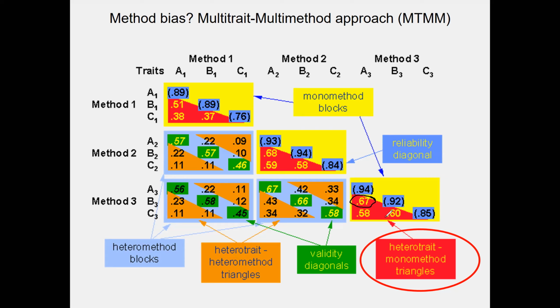And so it is a method bias, and it's something you don't want to see, and it's a particularly nice feature of the multi-trait, multi-method approach that it can clearly illustrate that, for instance, in this particular example, you have evidence of a method bias, and that there are high correlations related to method regardless of the trait that's measured.